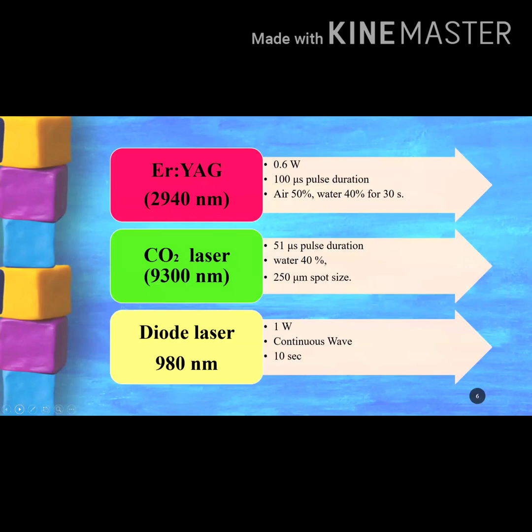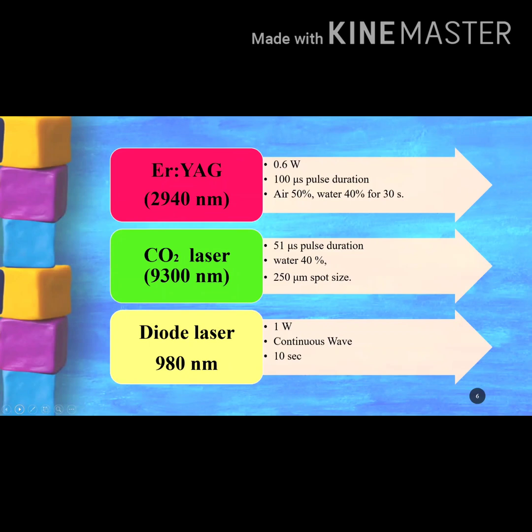These are the lasers used for indirect pulp capping. Er:YAG with a wavelength of 2940 nanometer. The settings for Er:YAG are 0.6 volt, 100 microsecond pulse duration, 50% air and 40% water for 30 seconds.